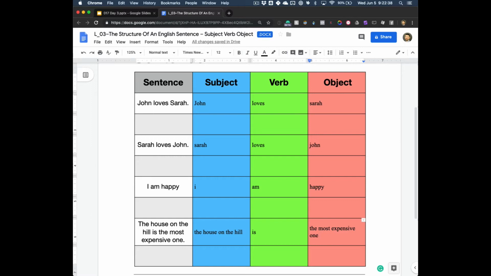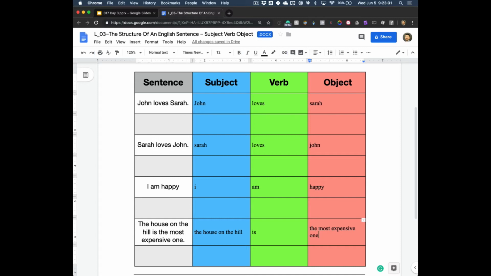Okay, but the sentences in English don't change. It's this, then this, then this. They can be huge or tiny, but it's always 1, 2, 3.